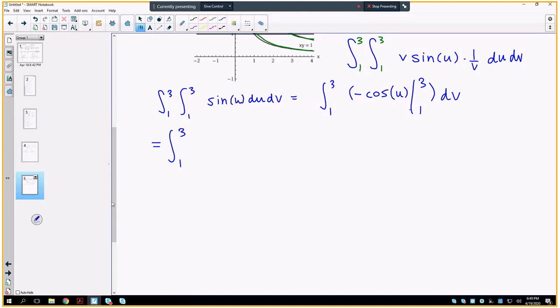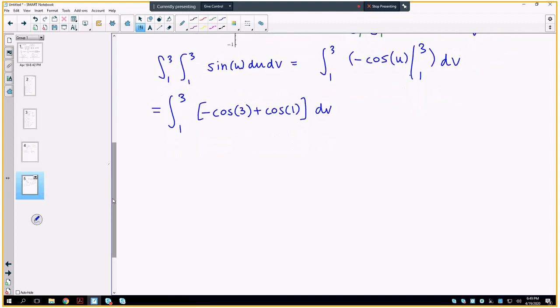Minus cosine of 3. Minus times minus is plus cosine of 1. And those are just constants. So it's going to be minus cosine of 3 plus cosine of 1, the constant, times the antiderivative of dv, which is v, evaluated between 1 and 3.